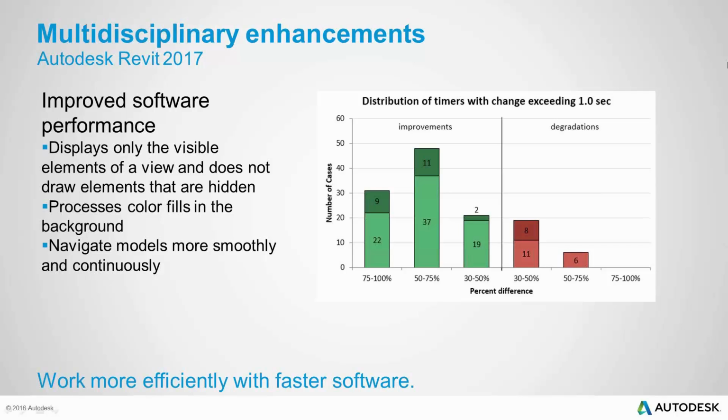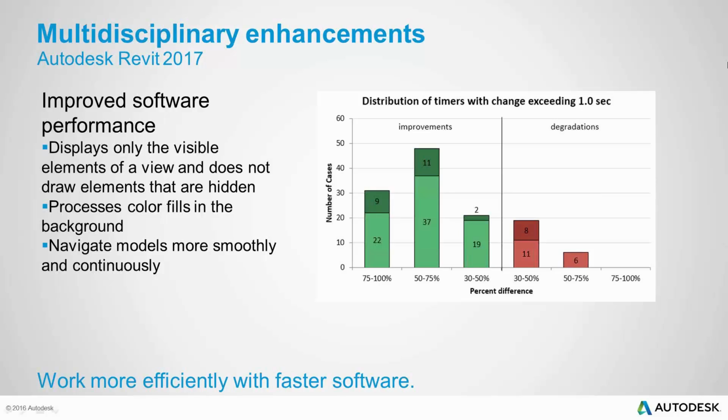In this release, we've actually done a number of big performance improvements. A lot of them is only drawing the elements that you can actually see on your screen. So previously we drew things that were not visible, and this was basically wasting a lot of time. So we've now limited it to only things that you can see, which means that everything is drawn more quickly so you can get back to work more quickly.